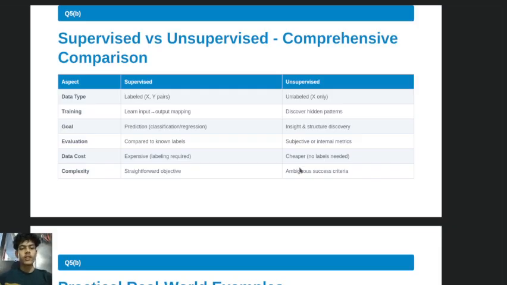Supervised learning learns from input and output mapping, while unsupervised learning discovers hidden patterns. The goal in supervised is prediction using classification or regression, while in unsupervised it is to find insights and structure discovery.